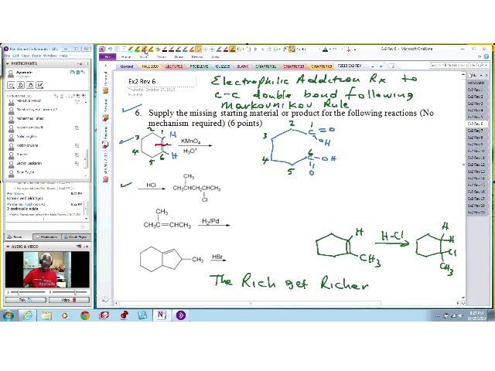If you look at this, we have to say that the double bond has to be here between this carbon and this carbon. Let me go ahead and number the carbons. If we say this is carbon 1, carbon 2, carbon 3, carbon 4, and carbon 5.